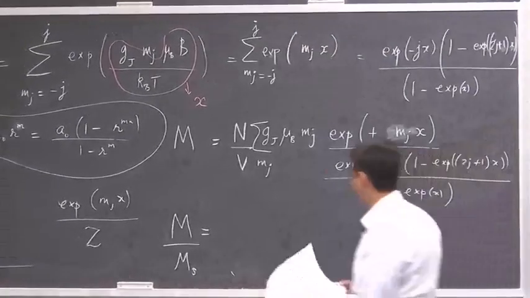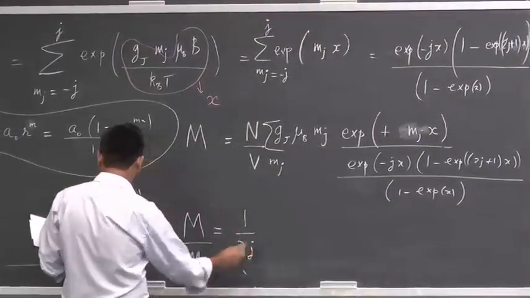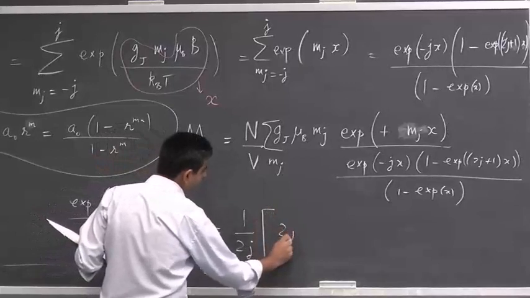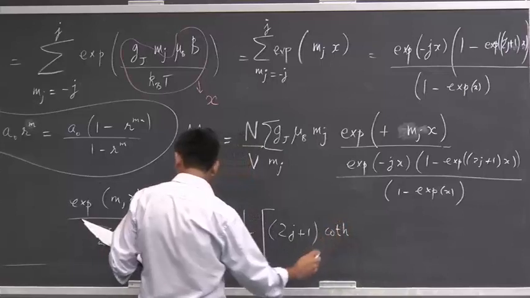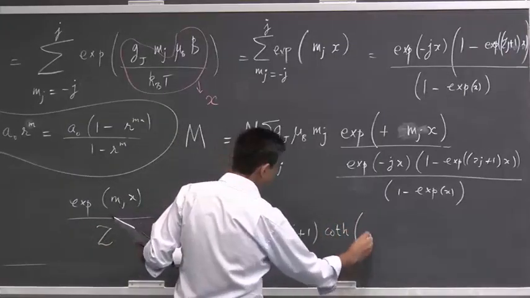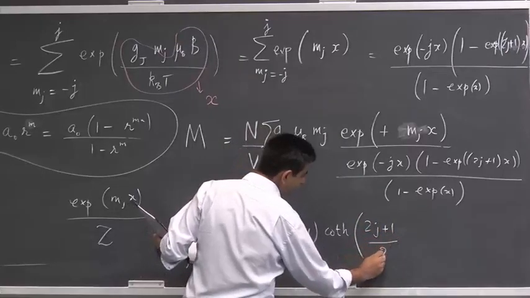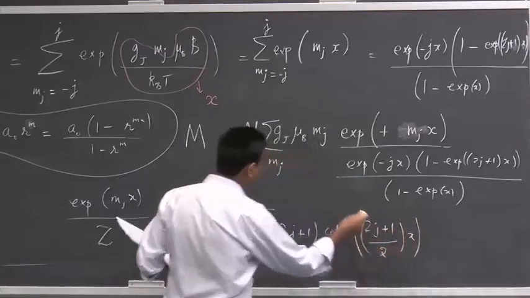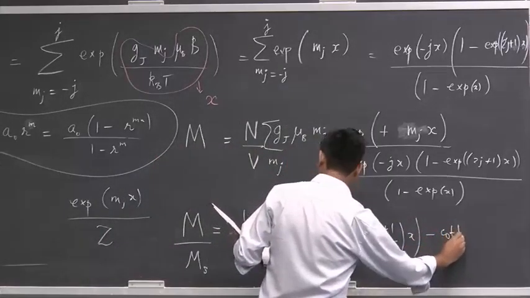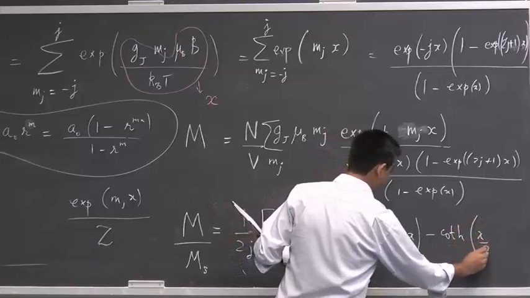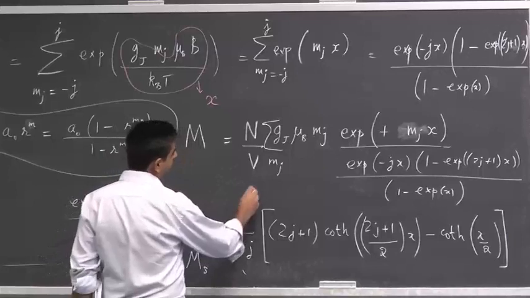And this turns out to be (2j plus 1) over 2j times coth of (2j plus 1)x over 2, minus 1 over 2j times coth of x over 2, where x is what I've already defined. This is called the Brillouin function.